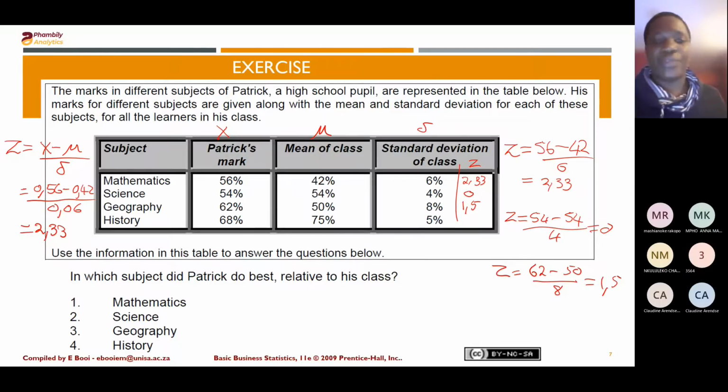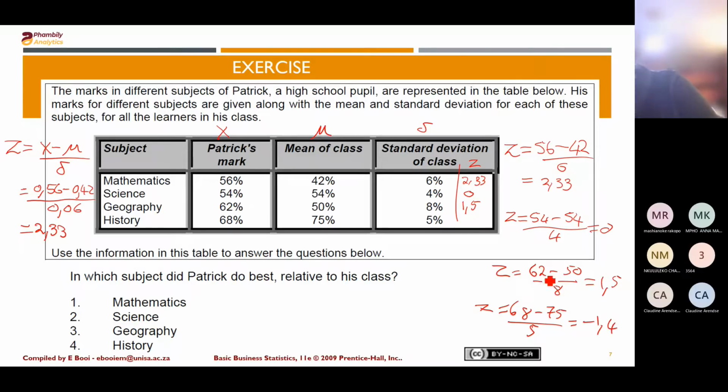Okay, and for history, it is Z of 68 minus 75 divided by 5, which is 68 minus 75 equals, divide by 5, which is minus 1.4.